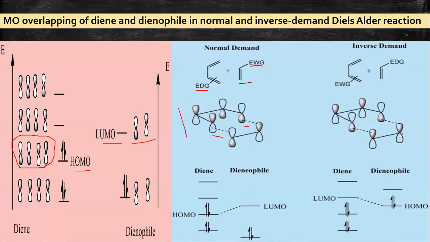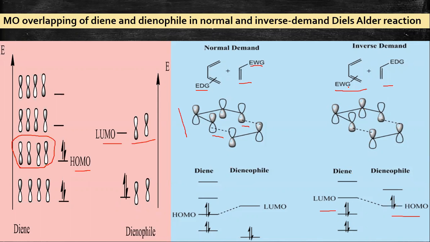Same in the case we can see here, in inverse demand, we have an electron withdrawing group substituted diene and an electron donating group substituted dienophile. That means the dienophile would attack the diene. And here we have to consider the HOMO of the dienophile and the LUMO, or lowest unoccupied molecular orbital, of the diene.